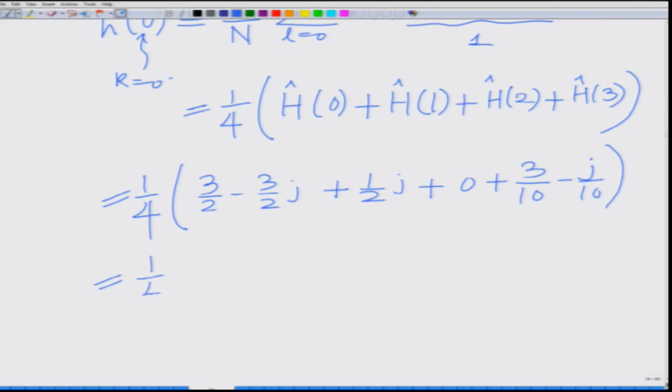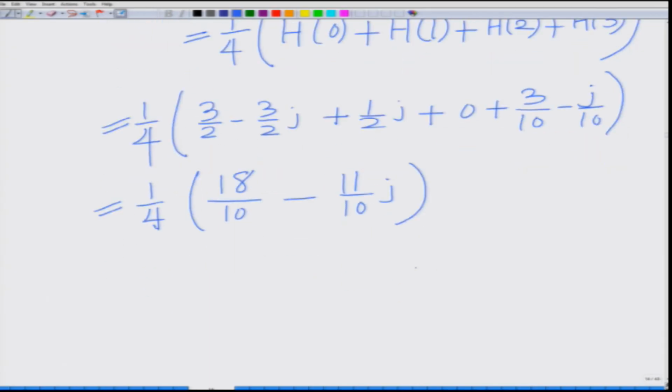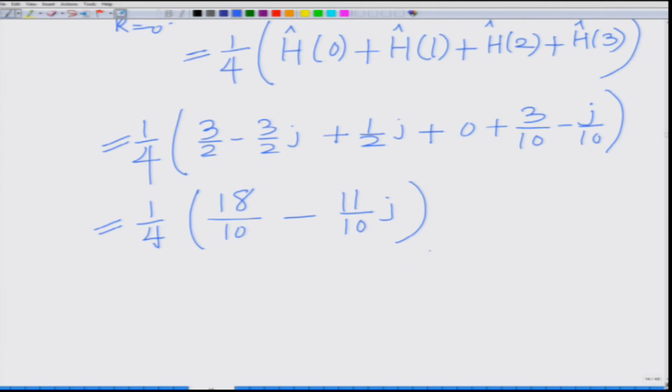if you look at this, this is equal to 1 over 4 times 18 by 10 minus 11 by 10 j, which is basically h hat 0.